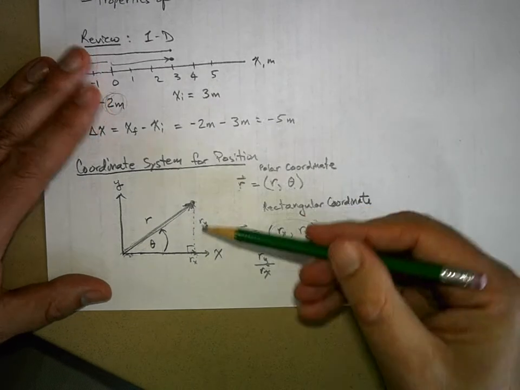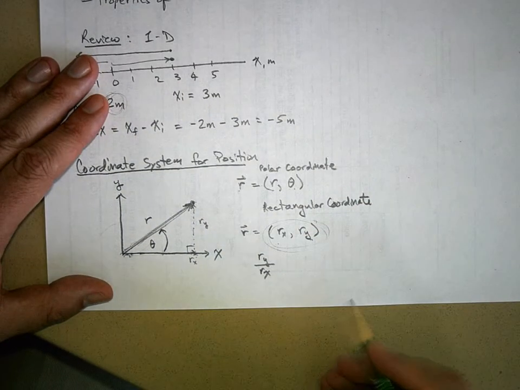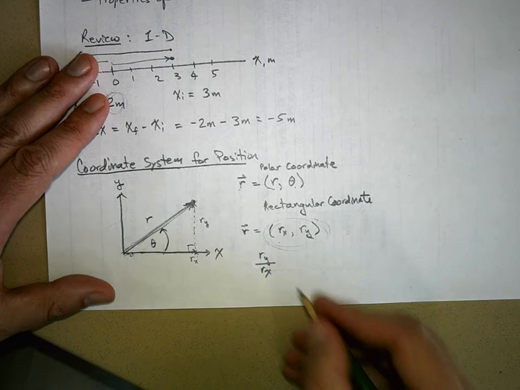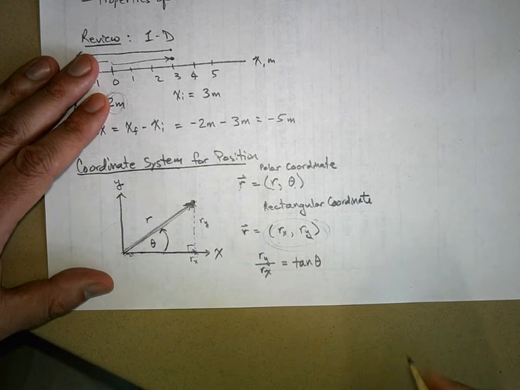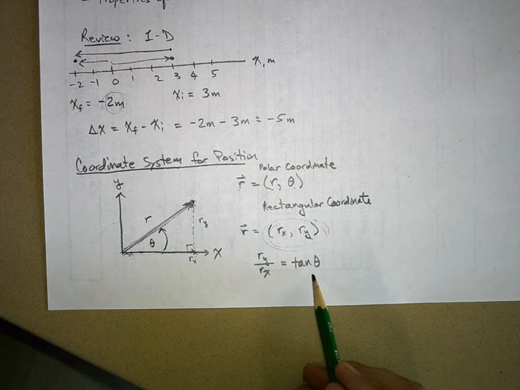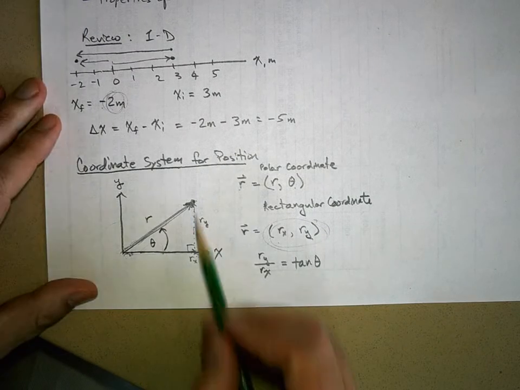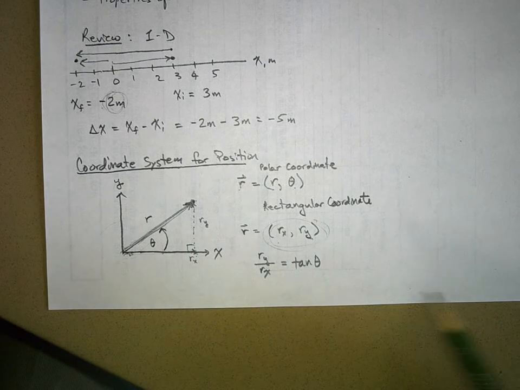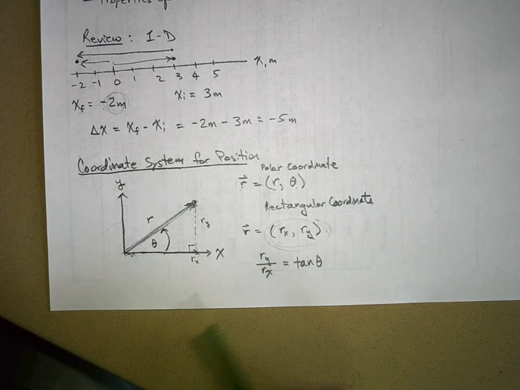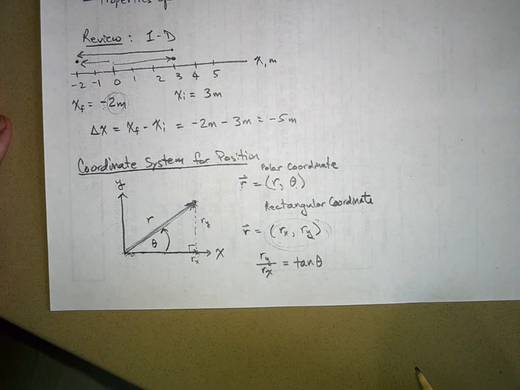That is this length divided by this length. And this ratio is called tangent theta. This is the definition of tangent theta. You take r_y divided by r_x. By the way, this works even if r_y or r_x are negative, if you're in another quadrant. Okay, this works.